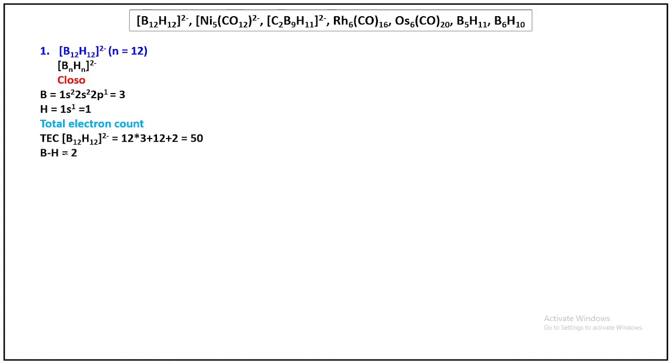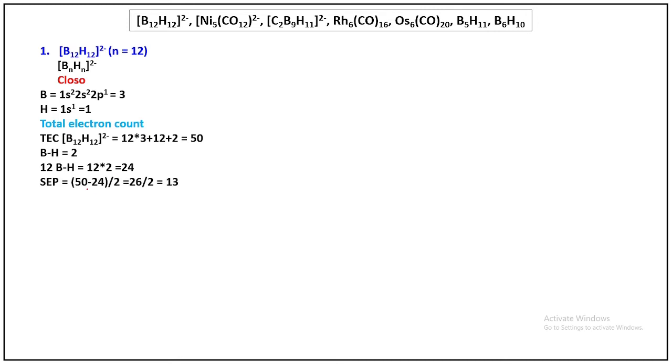For formation of one BH bond, 1 electron is provided by boron and 1 by hydrogen. So, a total of 2 electrons are utilized for one BH bond formation. Here, there are 12 BH bonds and hence 12 into 2, 24 electrons are used for BH bond formation, and the remaining number of electrons, that is 50 minus 24, will be used for the cluster formation.